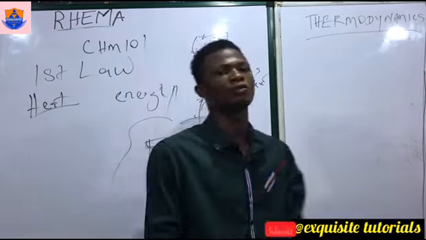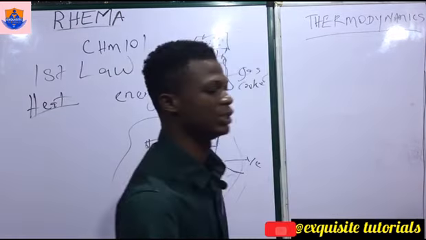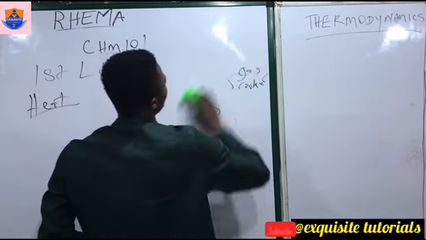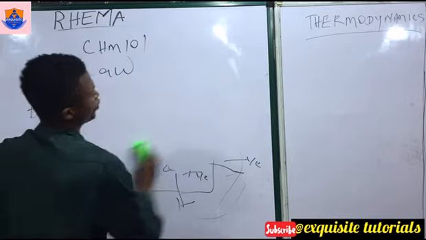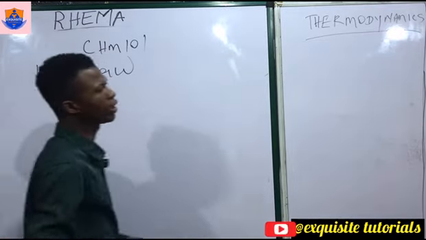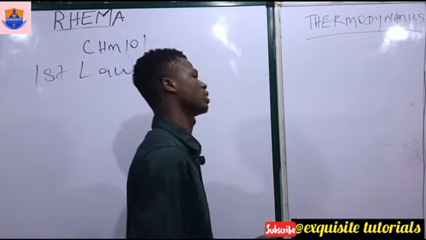So the first law of thermodynamics makes us understand that energy or heat can neither be created nor destroyed, but can only move from one state to another, or be transferred from one substance to another.